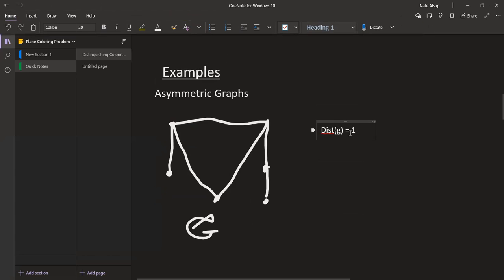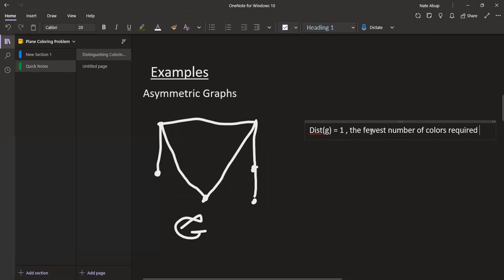And what dist G means is the fewest number of colors required for such a coloring of G. So in asymmetric graphs, dist G, which is the fewest number for distinguishing, is 1.